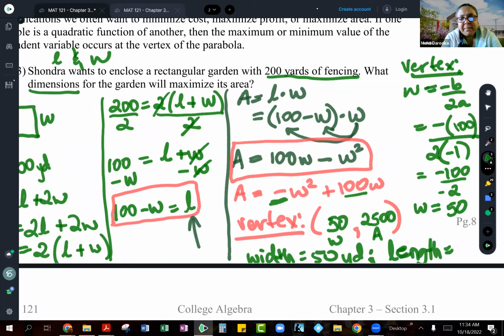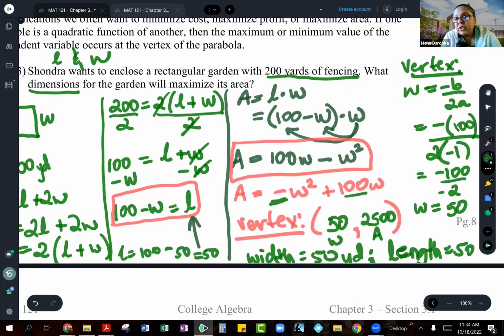And for that, you can come back to this equation here, the L equals 100 minus W. Perfect, very nice. So your length would be 100 minus W, which would of course be 100 minus 50, which would come out to be 50 yards itself.